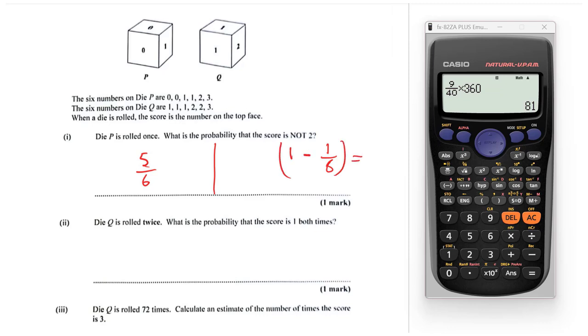And that is going to give me 5 over 6. Always remember, probability is between 0 and 1. The probability cannot be greater than 1. So anytime you're given a probability question and your answer is greater than 1, you're doing something wrong.